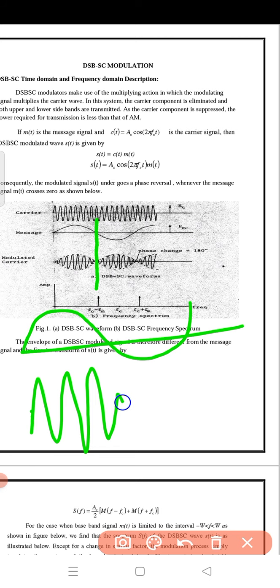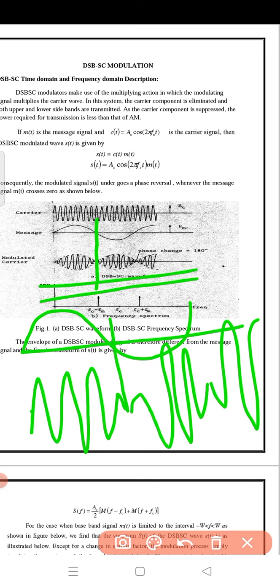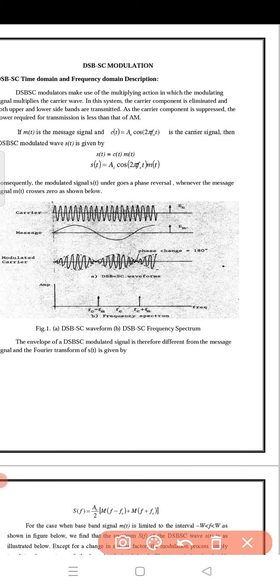When a zero crossing occurs at this point, there is again a phase reversal, and it will continue in this manner. You just observe these points.